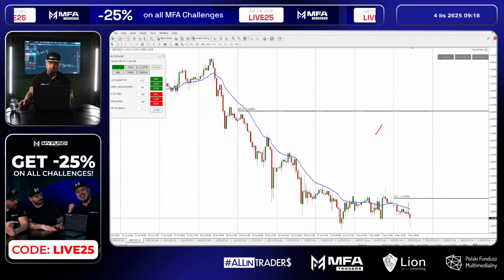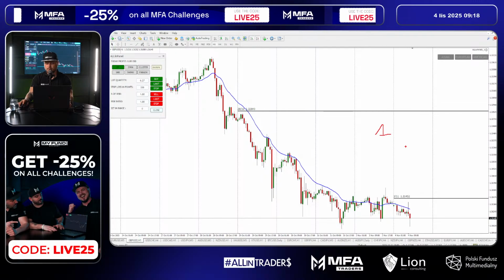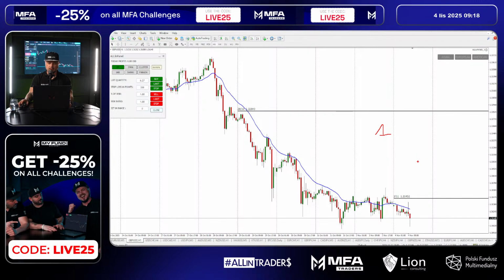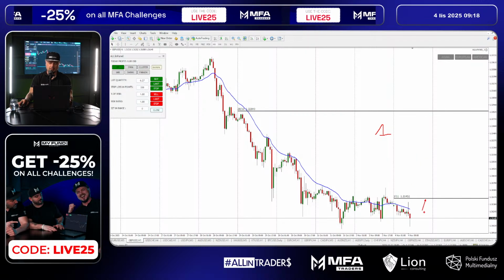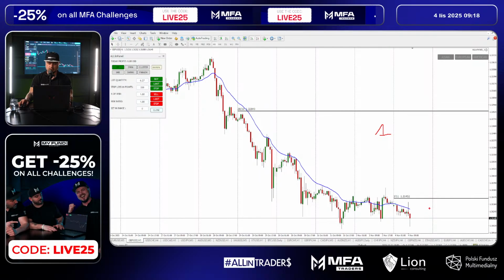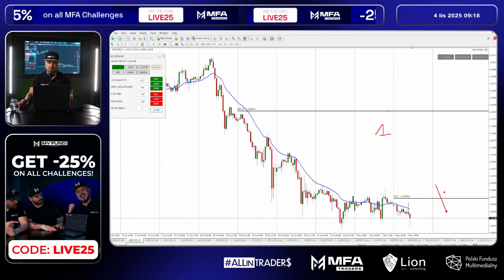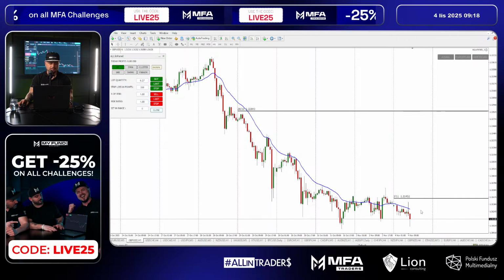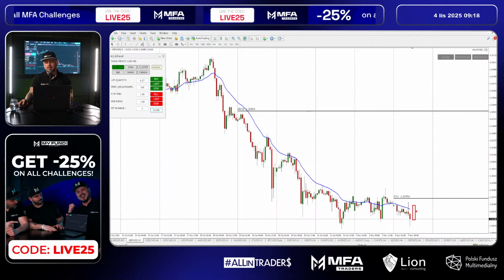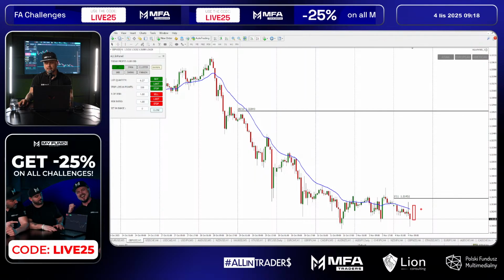The first condition is we need to have bullish or bearish market structure, depending on which way we want to go. So if we want to go up, so if we want to buy, we need to be in bullish market structure. At this moment, market structure is bearish. So we cannot use it. Also, we would have to wait for the price to close above the exponential moving average.